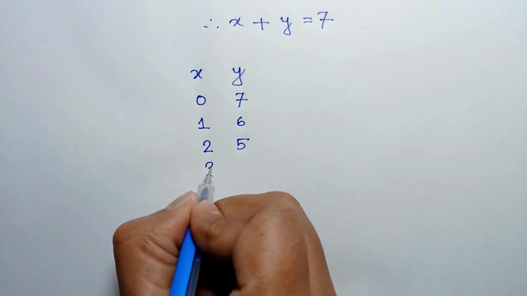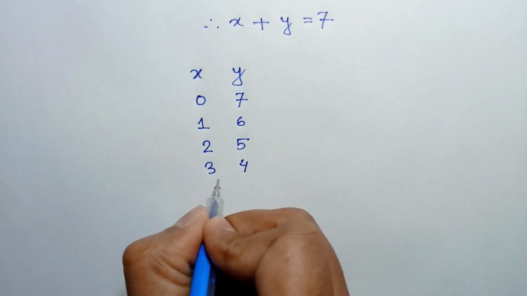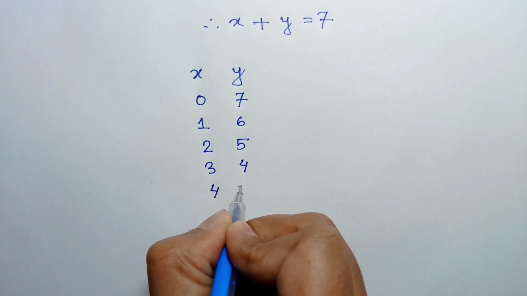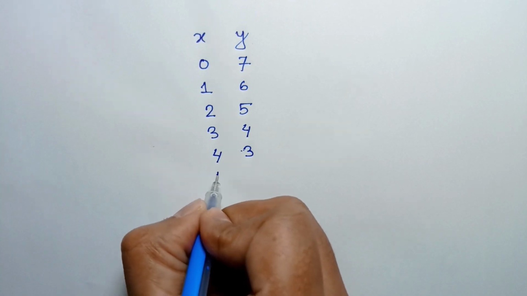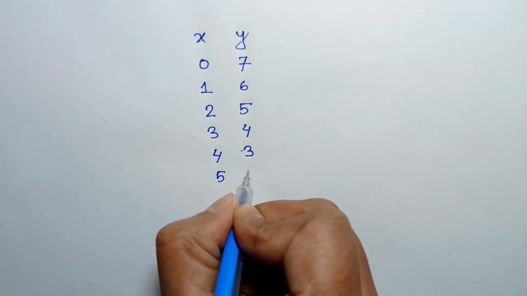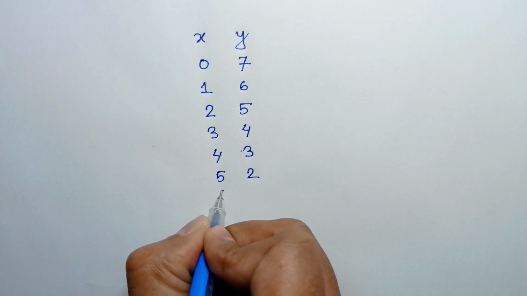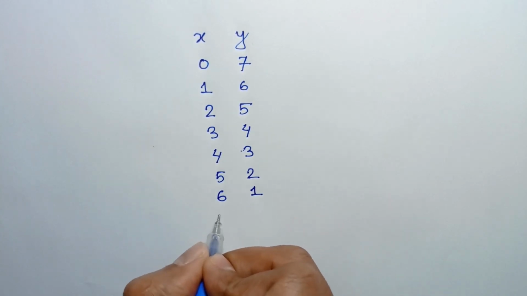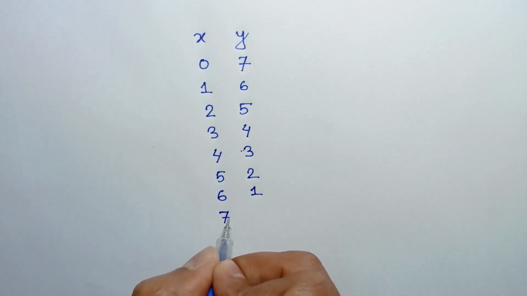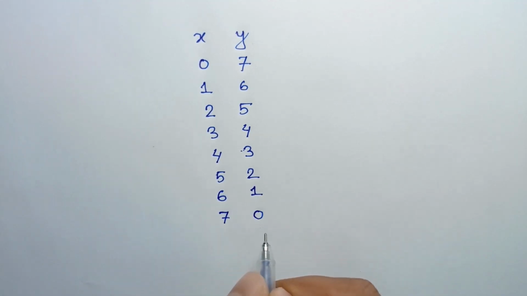When x is equal to 3, y will be 4. For x is equal to 4, y is equal to 3, and for x is equal to 5, y is equal to 2. For x is equal to 6, y is equal to 1, and finally for x is equal to 7, y is equal to 0.